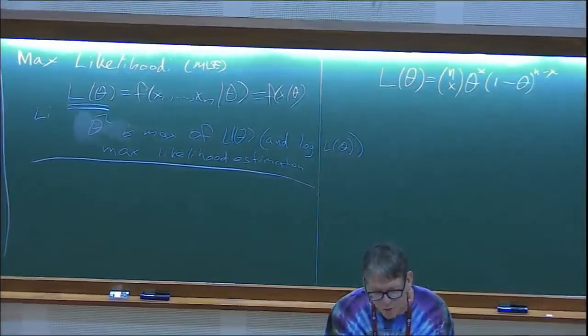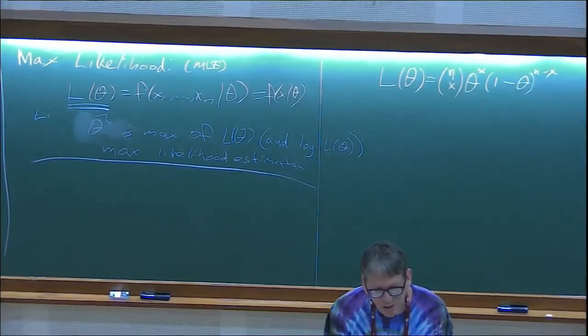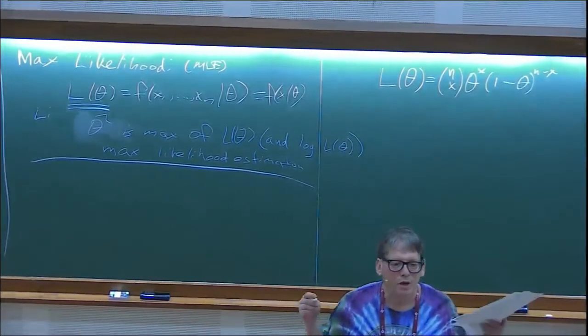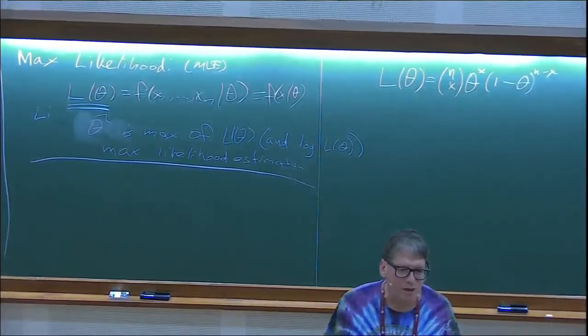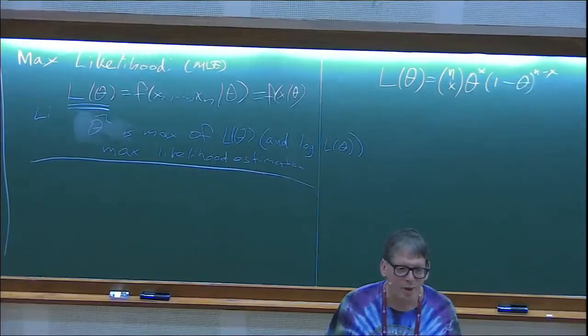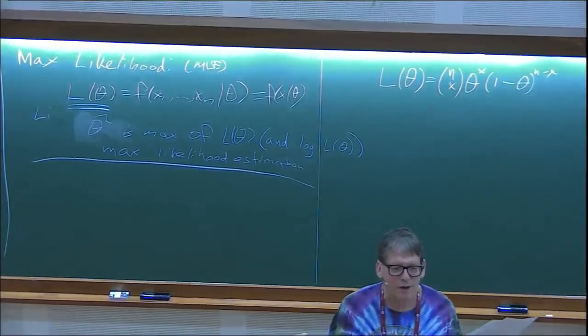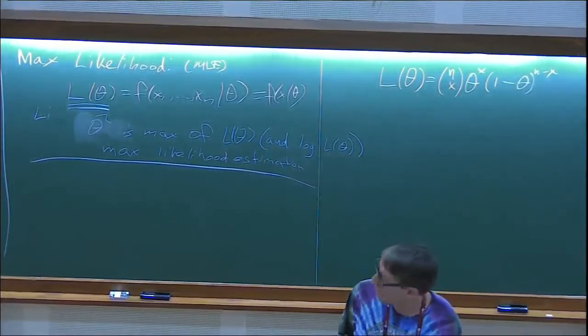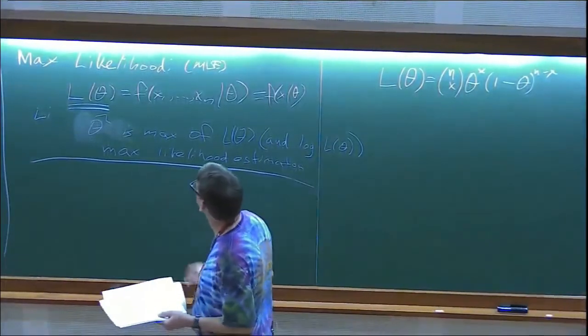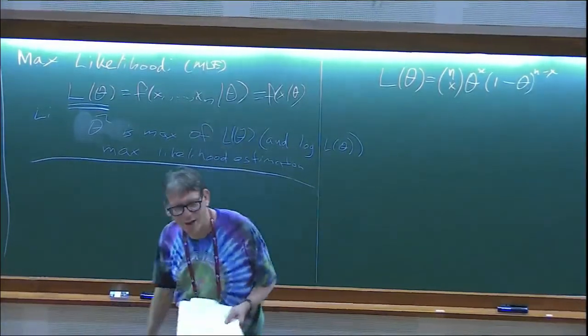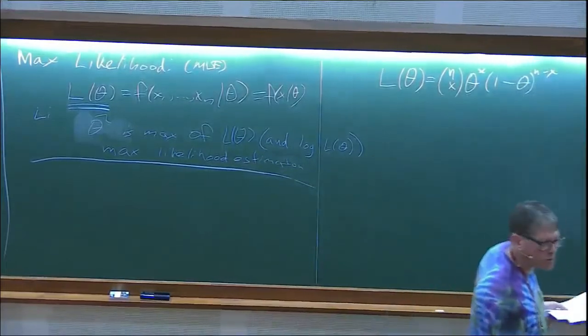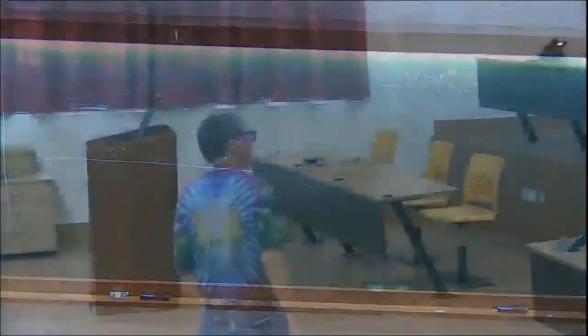And as you know from Vijay's lecture, if you have random variables that are independent, then the probability of the whole set is going to be the product of each one separately. So if you have IID random variables, this function is going to break up into a big product, and when you take the logarithm, it's going to end up being a sum, and everything will be nice and computable.